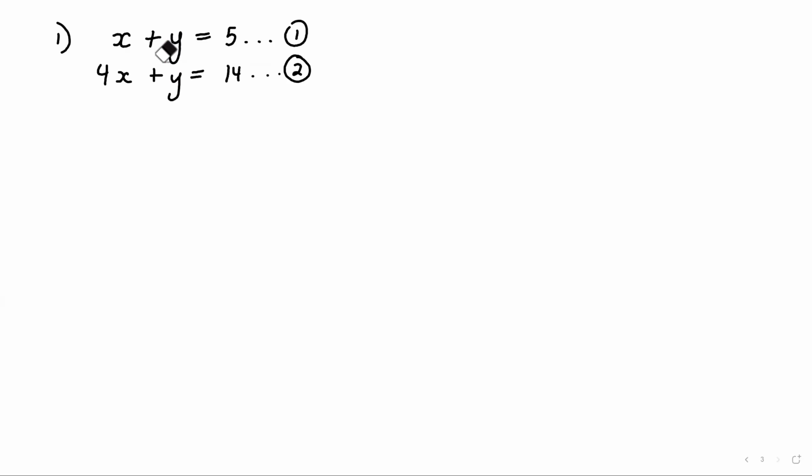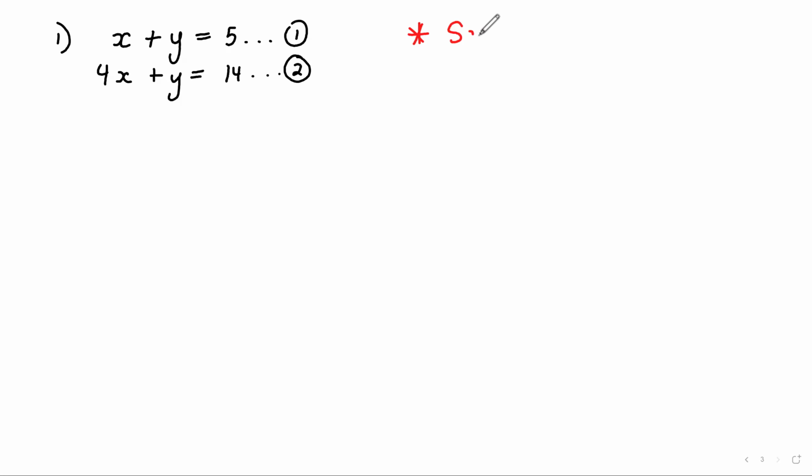All right, so what I do now is I've already labeled my equations, guys. I will now subtract them. That's a note, by the way: once the coefficients are the same and the signs are the same, you subtract the equations from one another.